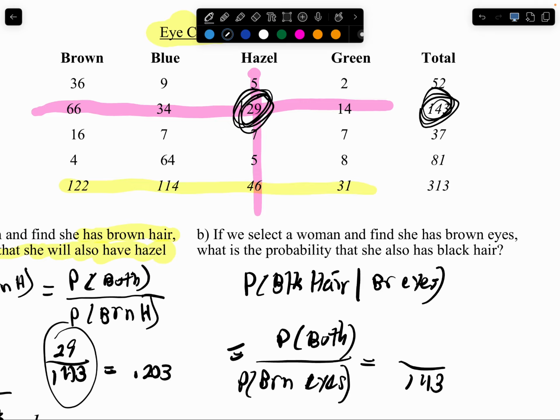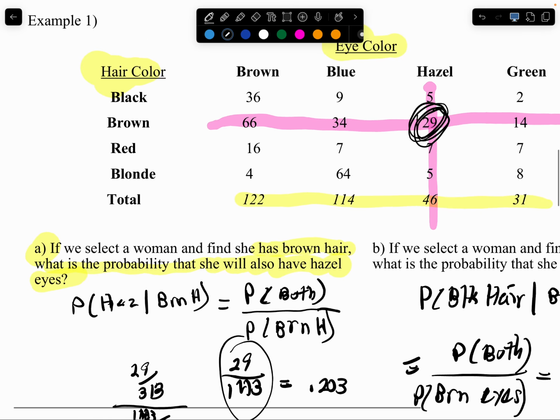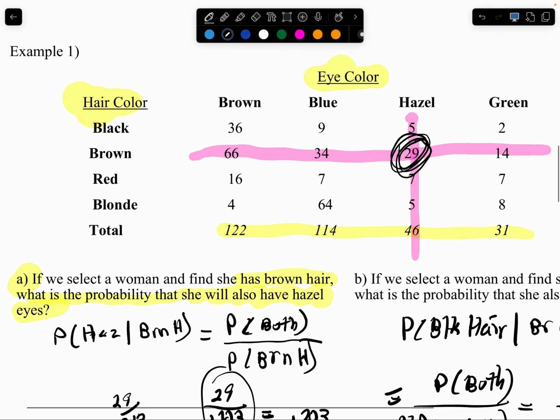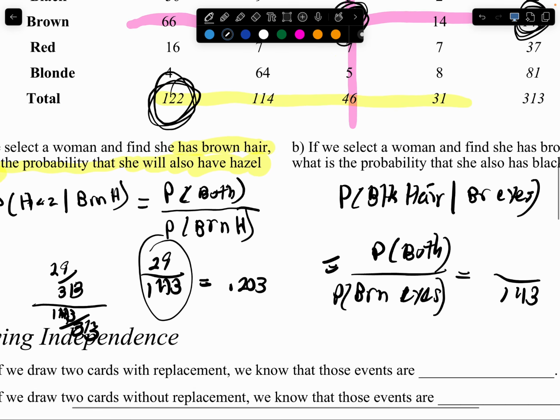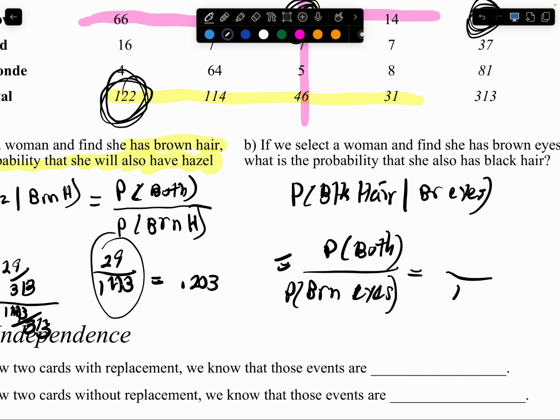Oh, no, wait a minute. Brown eyes? 143 or 122? Yeah, 122 brown eyes. My bad. 122 on this one.